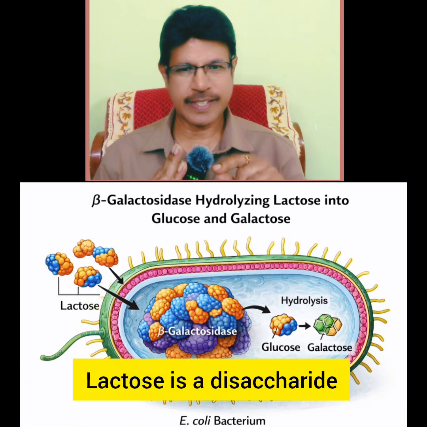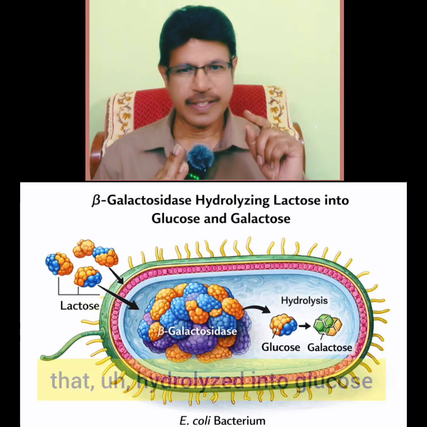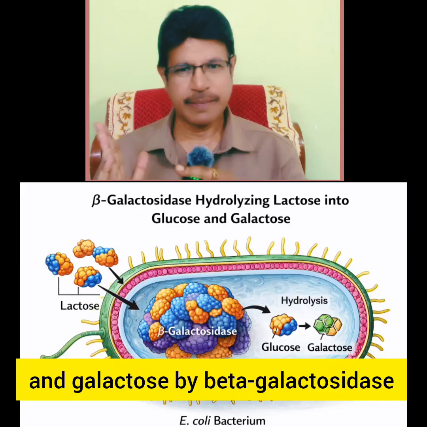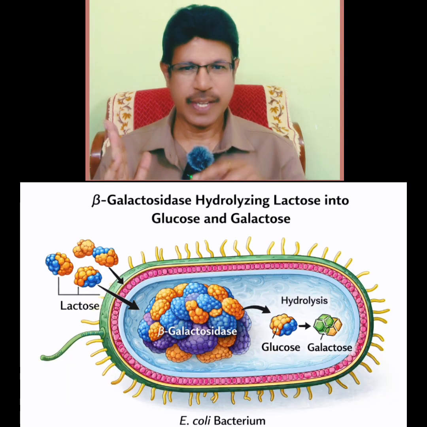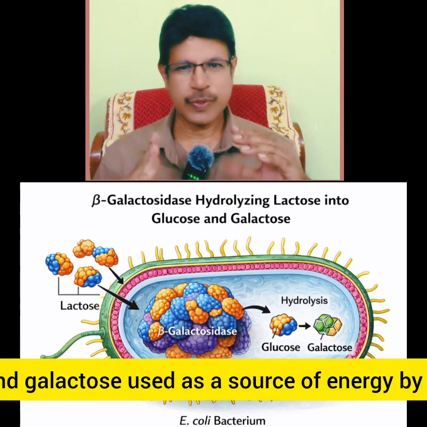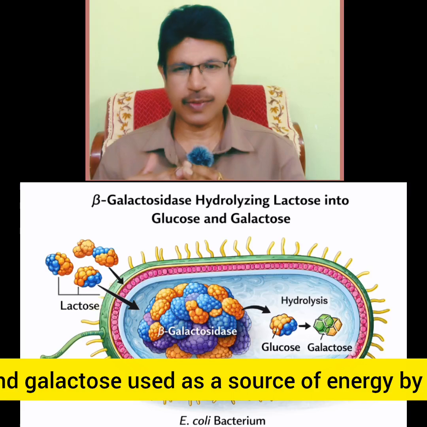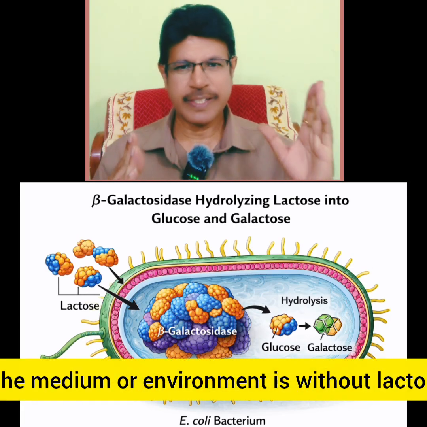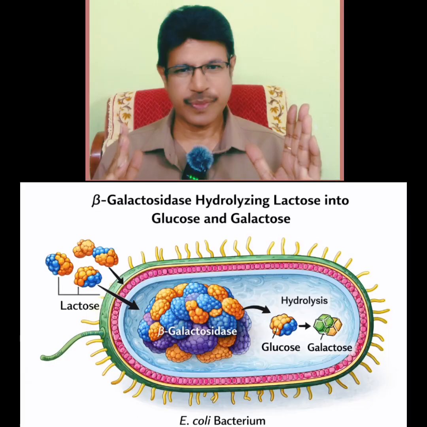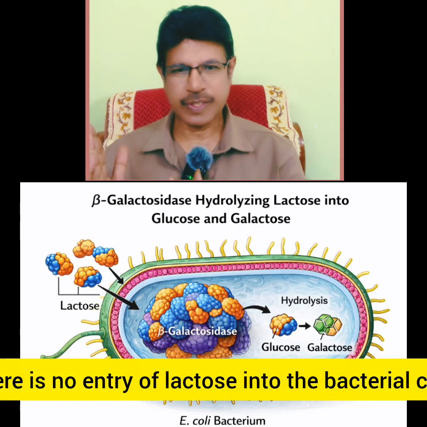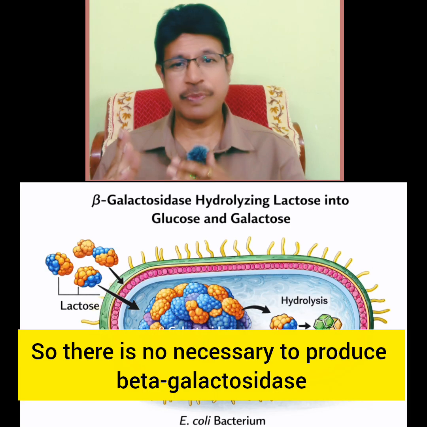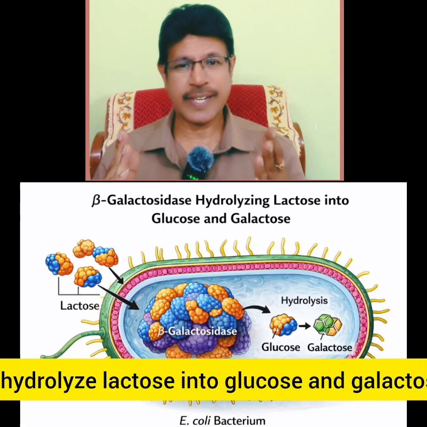Lactose is a disaccharide that is hydrolyzed into glucose and galactose by beta galactosidase. The glucose and galactose are used as a source of energy by E. coli. If the medium or environment is without lactose, there is no entry of lactose into the bacterial cell. So there is no need to produce beta galactosidase to hydrolyze lactose.